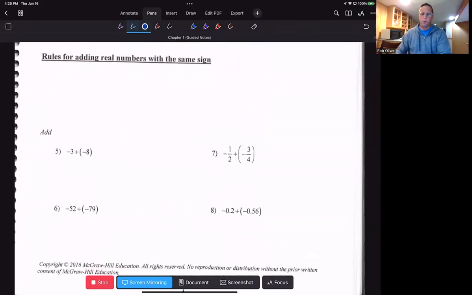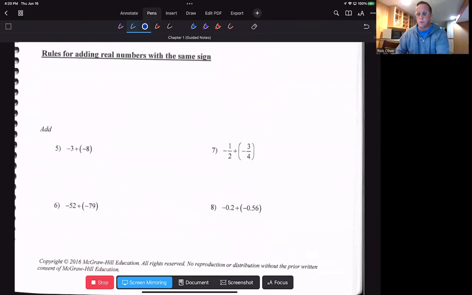All right, so the rules for adding real numbers, integers, or just signed numbers in general, is that when they have the same sign, whether you're doing -9 plus -5, or 8 plus 12, both those problems have the same sign. When that is the case, you're going to add those numbers up.